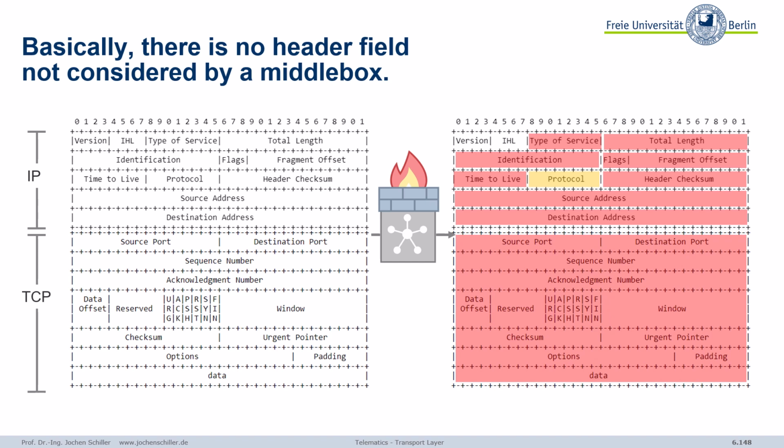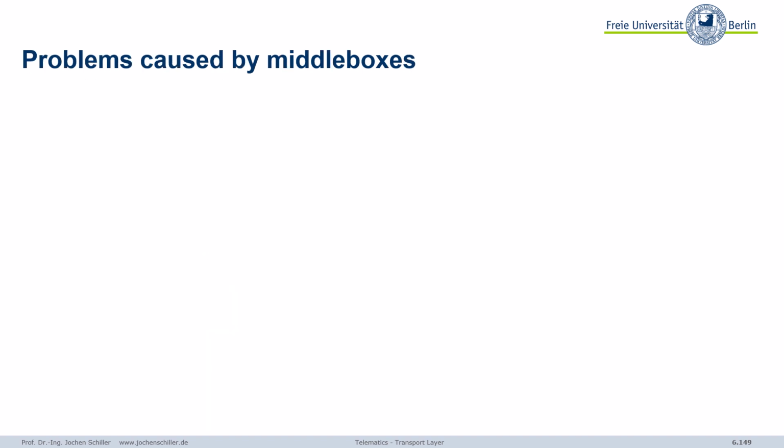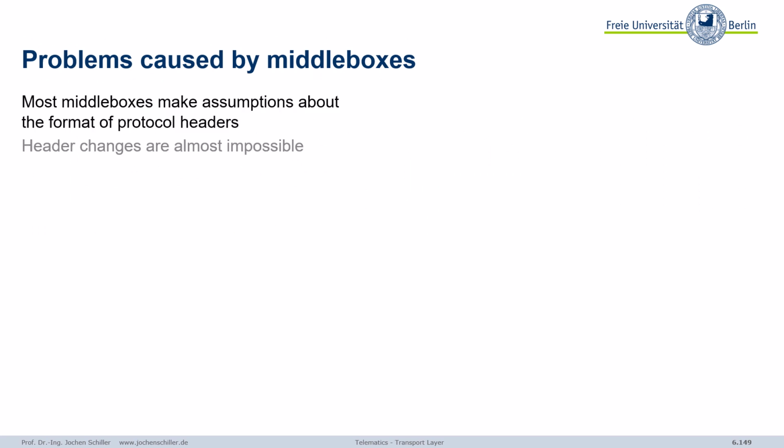Is this a problem? Well, it depends. Most middle boxes, and that's one of the big problems, make certain assumptions about the format of the protocol headers. So to change the header is almost impossible, and this means we go for TCP or for UDP.